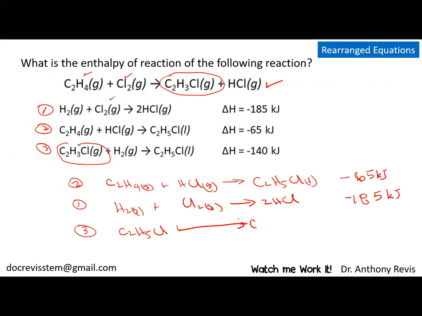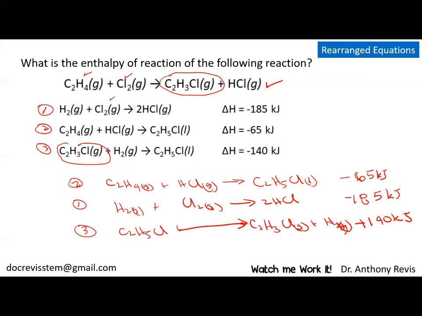It's an ugly arrow, but it's an arrow nonetheless. C2H3Cl gas plus H2 gas. And I flipped it, so it's going to be plus 140 kilojoules. And now I have those arranged properly. This is an H2, by the way, and that's gas.